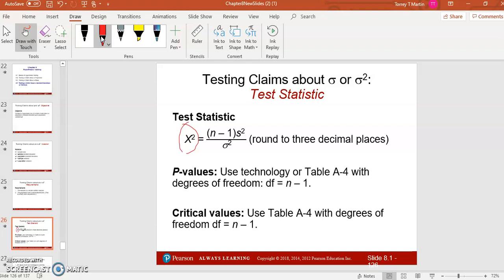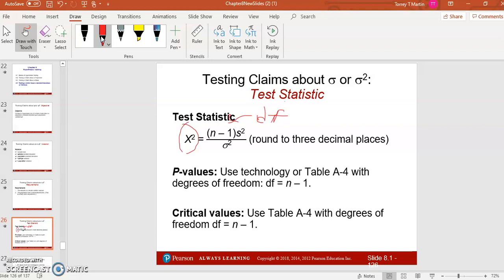And how we calculate it, we do n-1, which is the degrees of freedom, times the sample variance divided by the population variance.